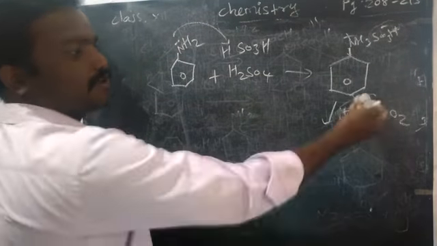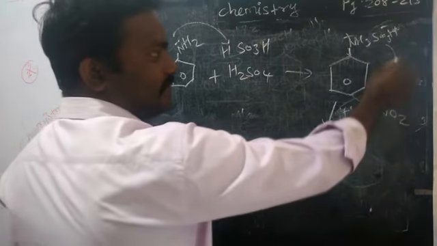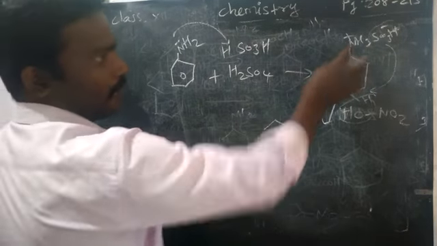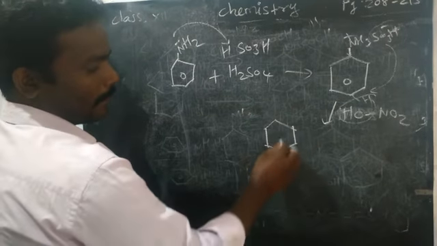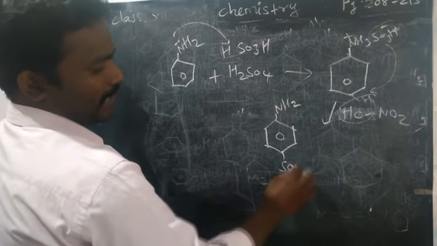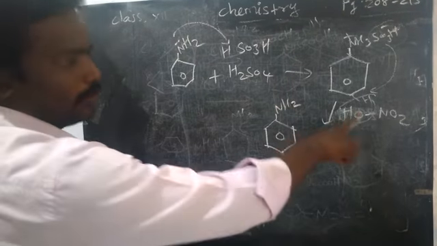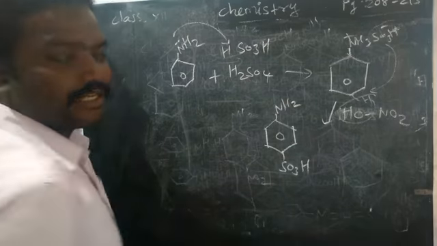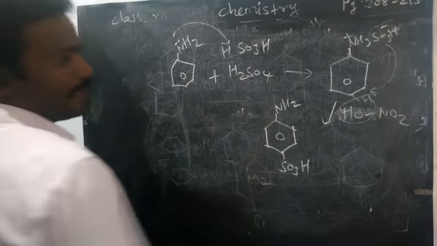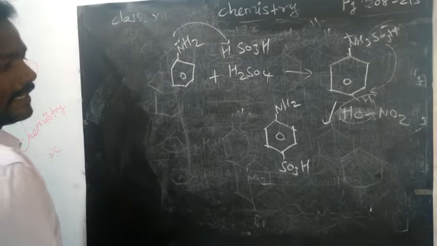Instead of substituting NO2, you can shift this SO3H here. Then it will lose the proton also, giving NH2 with SO3H. So nitric acid is used to remove the proton, that's all. Then this proton will accept NO2 and go as nitric acid again.